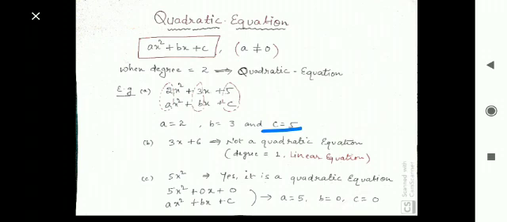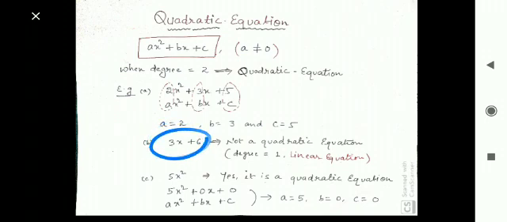So for finding a, b or c, just compare the equation with ax square plus bx plus c. The x square coefficient is a, the x coefficient is b and c is the constant. Now come to the next example. See here, the equation which we have taken is 3x plus 6. So tell me, in this equation what is the degree?